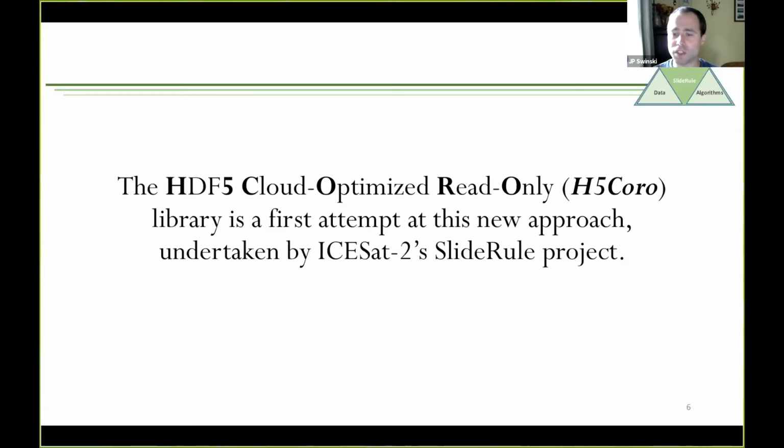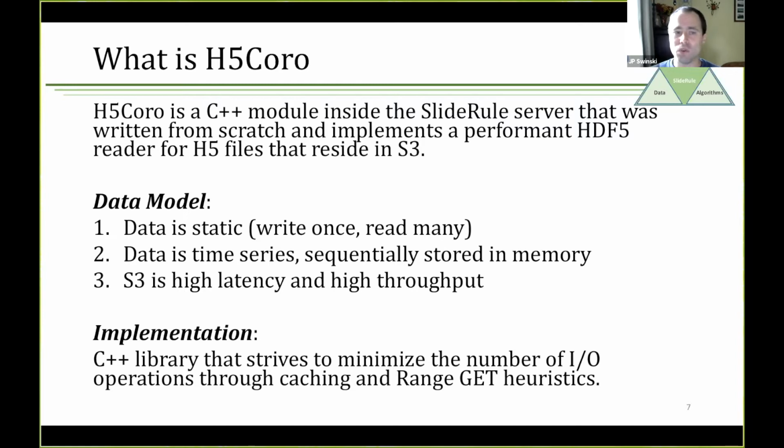And SlideRule is a project under the ICESat-2 program. And so what it is, H5Coro is a C++ module inside our SlideRule servers that was written from scratch and implements a performant HDF5 reader for H5 files that are in S3.